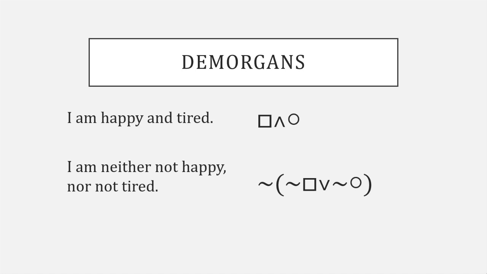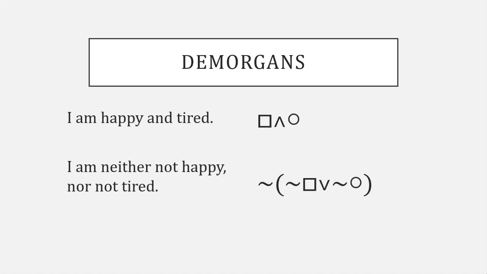Bad writing, but same idea, yeah? Top one is saying it's true that I'm happy, it's true that I'm tired. Bottom one says, look, it's not true that I'm unhappy or not tired. Did that help at all?